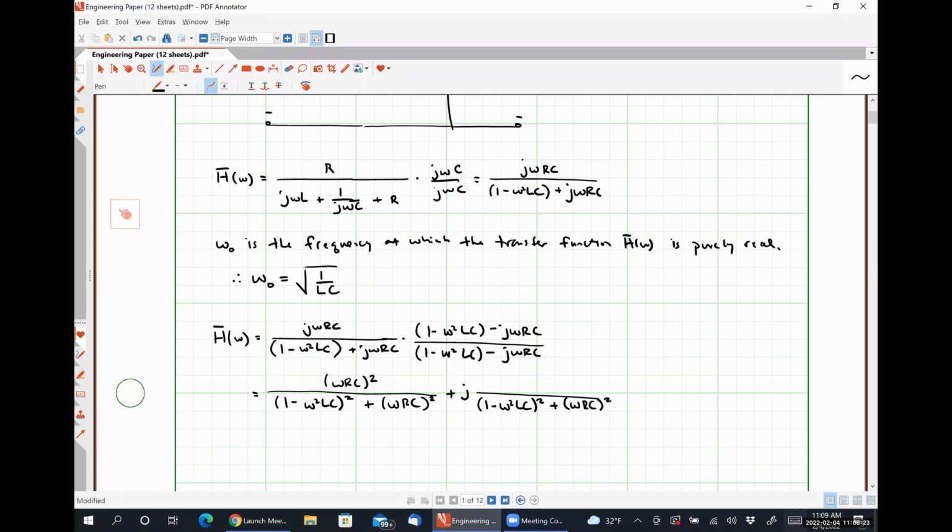And I have a factor of omega RC multiplied by 1 minus omega squared LC left over. So this is my rectangular form representation of my transfer function. And before we go any further, does anybody have any questions about how I got to this point?